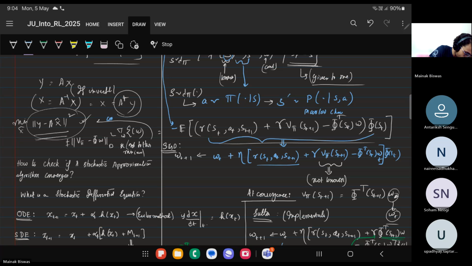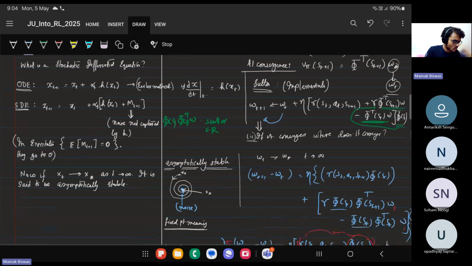We'll understand this as we go ahead, in how the solution happens, or how the convergence happens.